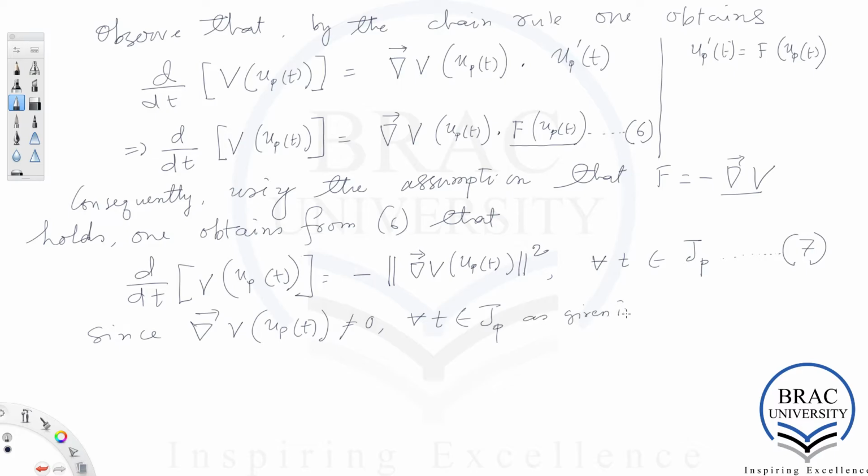Let me write 5 for you again, which from the uniqueness we saw that f of up of t is non-zero everywhere. And since f is negative gradient of v, we obtain that gradient of v at up of t is always non-zero for any time in the maximal interval of existence.